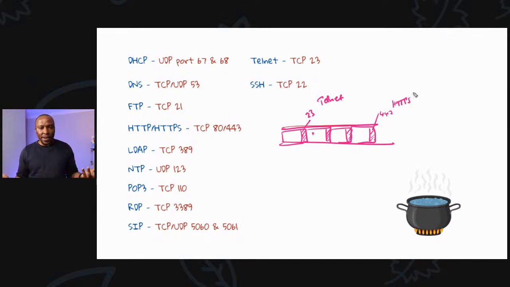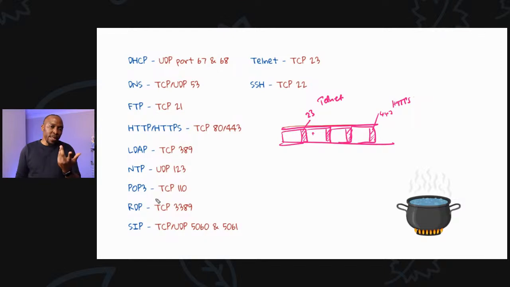This allows devices on the network to be able to get time from a server so that they're synchronized and everything else is on the same time and time zone. RDP is remote desktop access. When you want to access another server or computer on the network, you can remote desktop to that computer, and that uses port 3389 and it uses TCP.